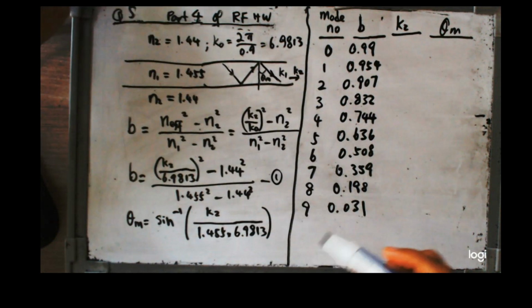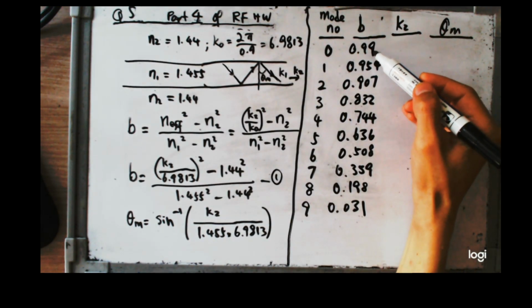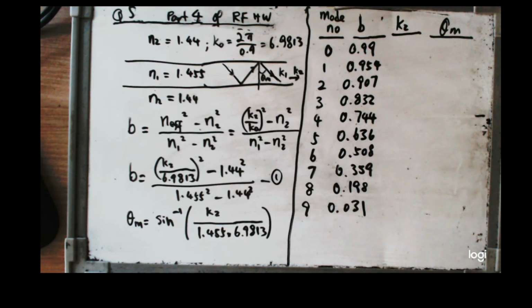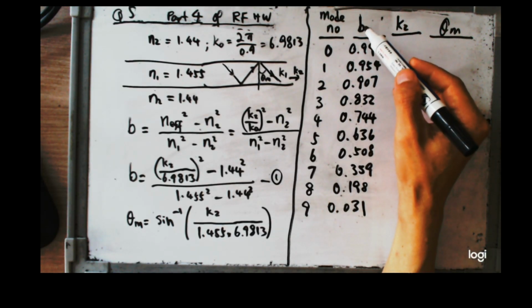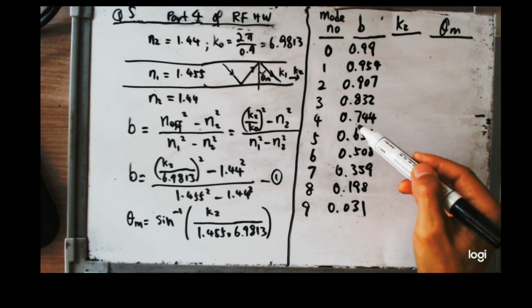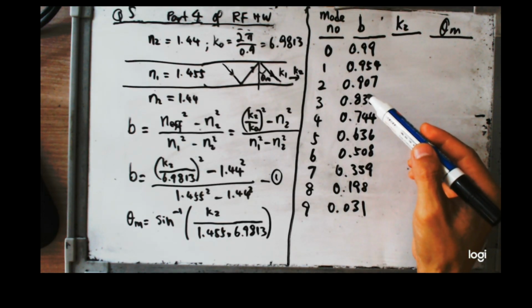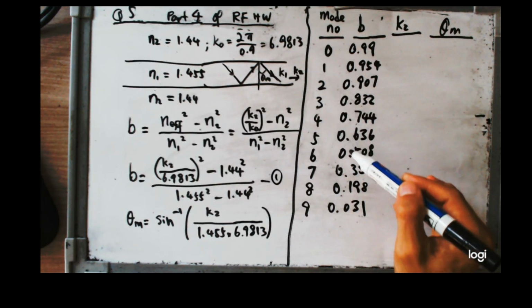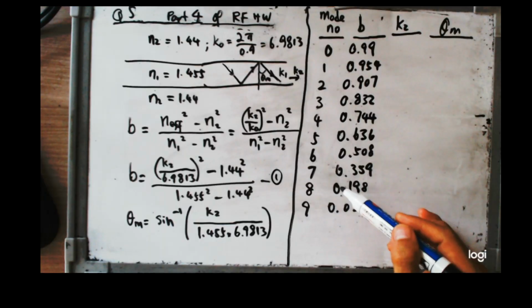I've already written down the normalized propagation constant for all the modes. This value, the normalized propagation constant, is known as B in the BV curve, and all these numbers are extracted according to the crossing between the BV curve and the vertical line V equal to 29.